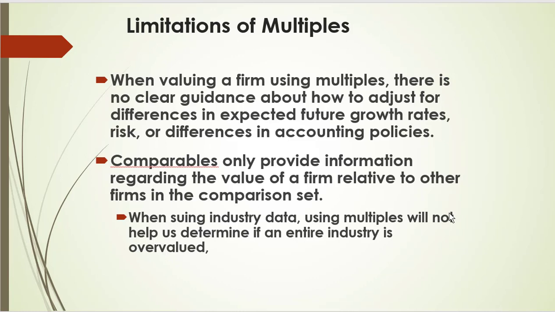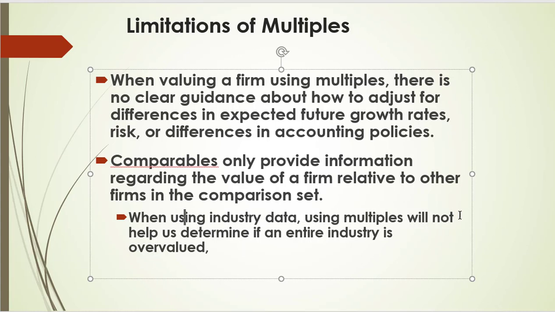What are the limitations of these multipliers? Well, there's no real clear theory that connects all of these things. What about when companies have differing growth rates, or they change their growth rate in between calculations? Or what if a company changes its accounting policies? Comparables only provide information relative to other companies in its comparison set.